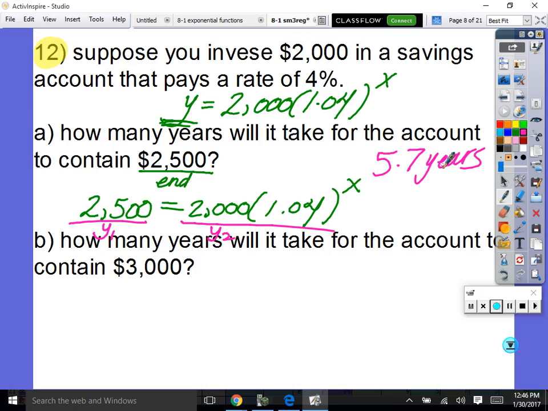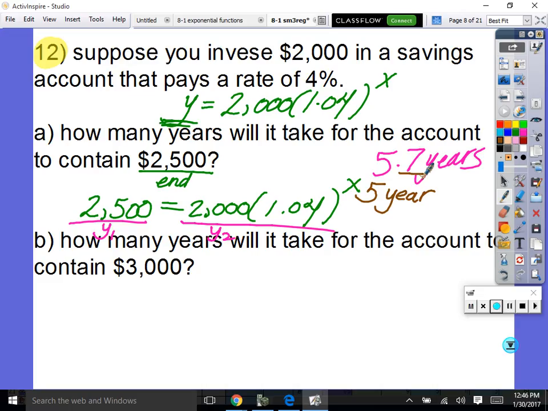What did you mess up on? Oh, you put plus. Okay, got it. Okay, now understand, this is an acceptable answer. So that's 5.7 years. But on an ACT, this is what I see most of the time. And really, we should be able to think a little bit more advanced. Doesn't this mean 5 years and 70% of a year? 0.7 means 70%, right? So let's get technical and get down to months. So 5 years and then 0.7 of a year.